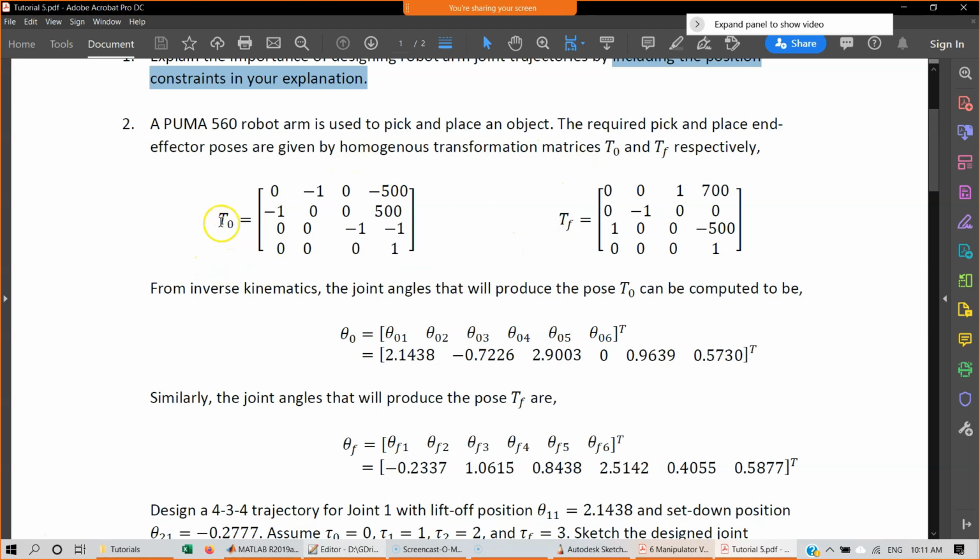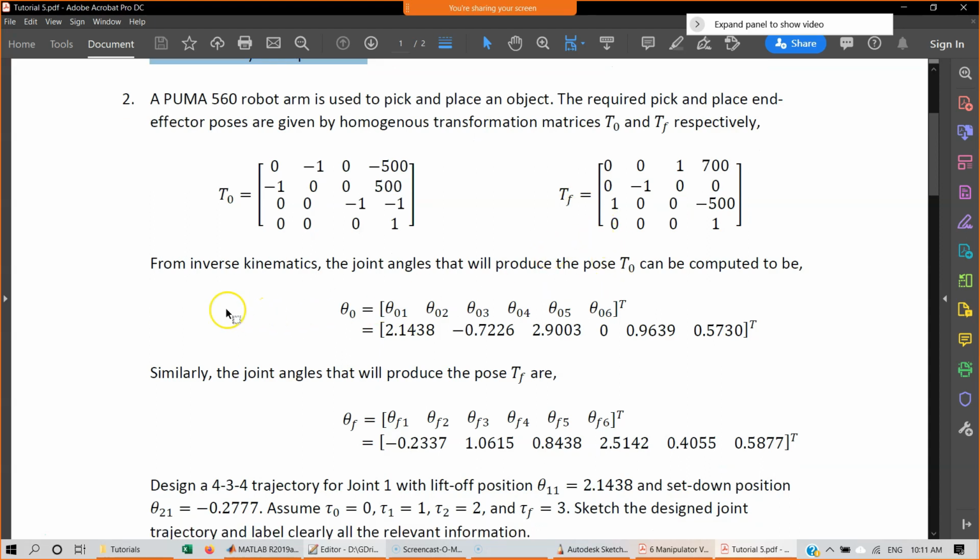So this is the end effector's pick or initial pose, and this is the end effector's final or place pose, right? Remember, pose is position and orientation. The question says, from inverse kinematics, you can compute this using this, right? Using this and inverse kinematics, you can compute this.